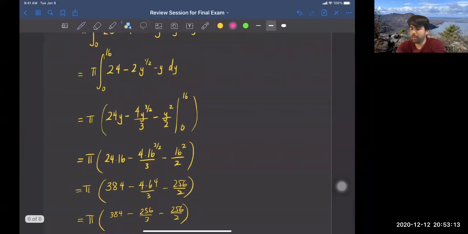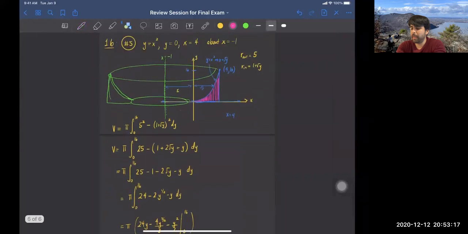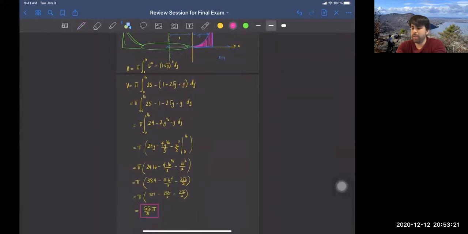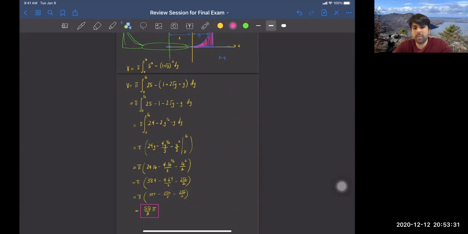Any questions about this? Tassif, is this good? Do you see how we do the washer method for this? Yeah, the setup is the most difficult, the most crucial, the essential part of this problem.